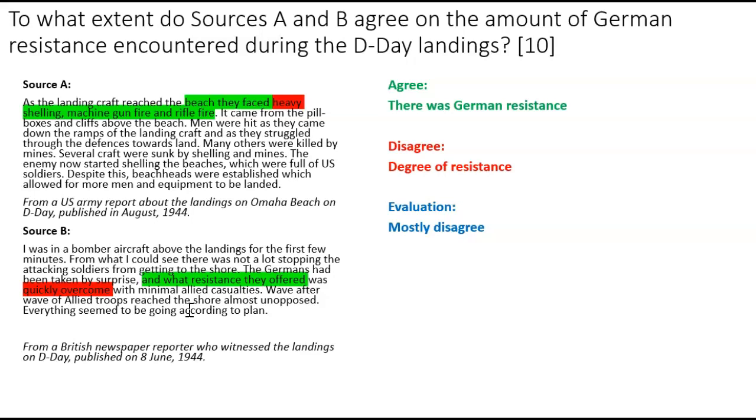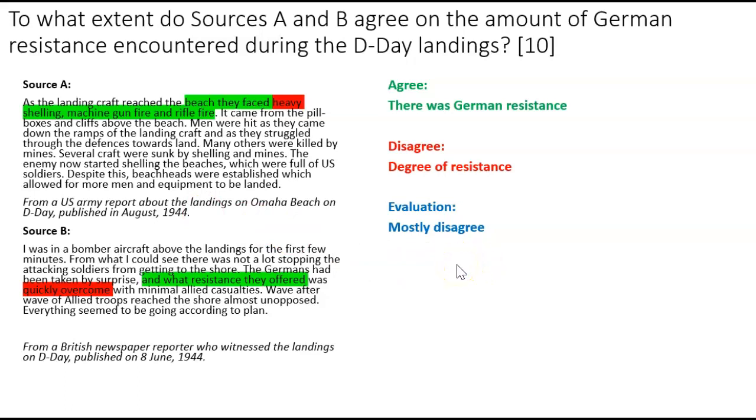Okay, and that might be part of the evaluation to explain why they disagree. Source A is a US Army report aiming, I suppose, for the truth, and published somewhat afterwards, so that they don't particularly need to justify the casualties, so to speak. But that's for the top 9 or 10 out of 10.